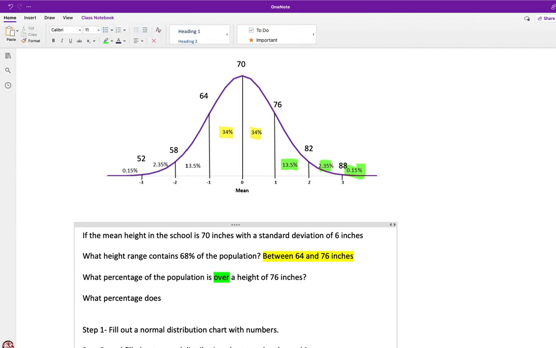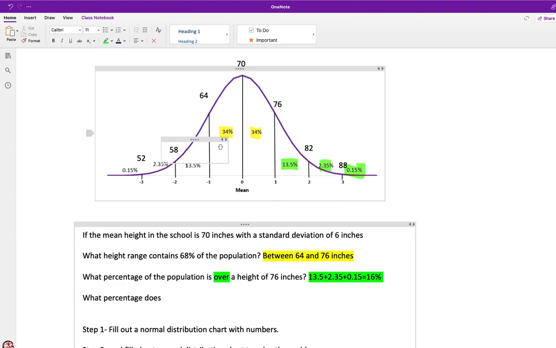So this would be 13.5 plus 2.35 plus 0.15. So 16% of the population is over 76 inches. Perfect. I forget what I was going to write here, so I might come back to that at the end when I remember.